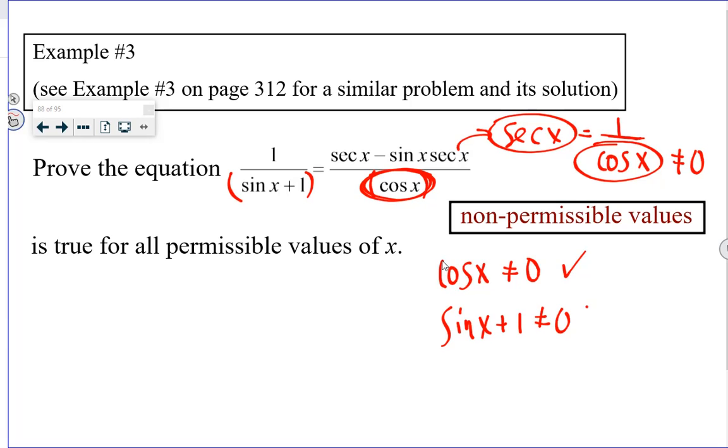So these are our 2 statements about trigonometric functions of x and what they're not allowed to equal. They're not allowed to be 0. So where does cosine of x equal 0? Here and here. That's where cosine of x is equal to 0. Where is sine of x negative 1 at the bottom.